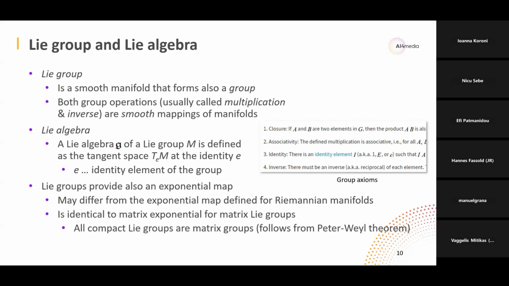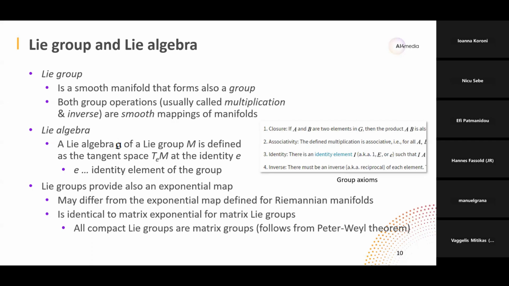So this Lie algebra g of a Lie group M is just defined as the tangent space T_E M located at the identity element. That's it, more or less. And E is the identity element of the group. So it also sounds complicated, but it is quite easy, not to calculate, but to understand.